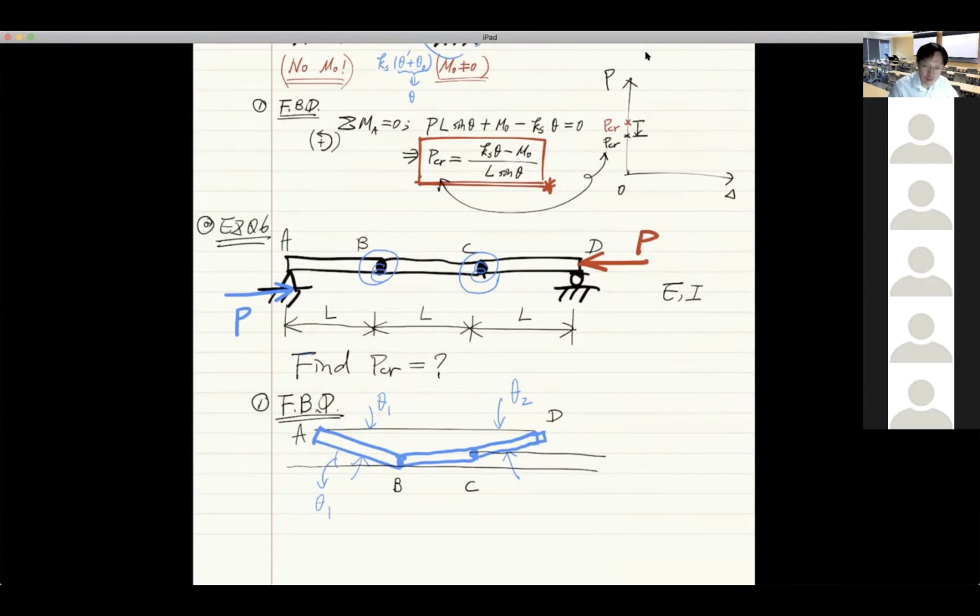That we know from geometry, right? And if this angle is θ2, that means this angle here must also be θ2, correct?